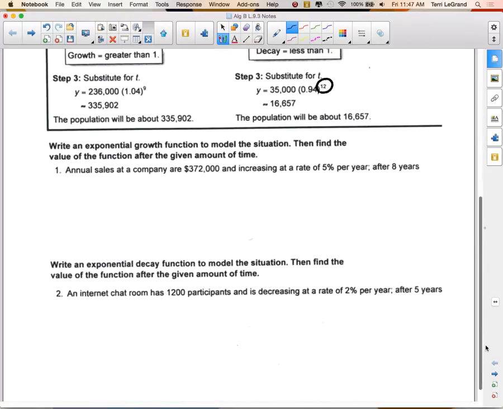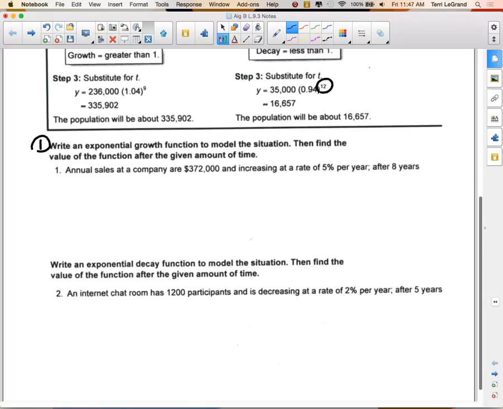Okay, let's go practice some of these on our own now. Annual sales at a company are $372,000 and increasing at a rate of 5% per year. Okay, I want you to notice something. I'm going to be really picky about this in your homework, so tune in. There's two things to do for these problems.